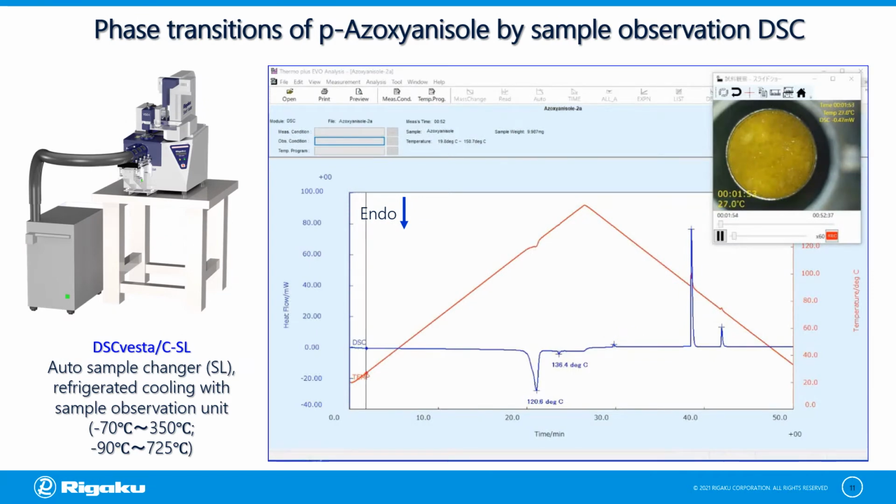Here is the slideshow saved in a video format of the phase transitions of azoxyanisole by sample observation DSC. Initially, the sample is at liquid crystal phase 3. Notice a change in color and state during heating as it changes to liquid crystal phase 2 during the first endothermic reaction, and another change in color when it changes to liquid crystal phase 1.